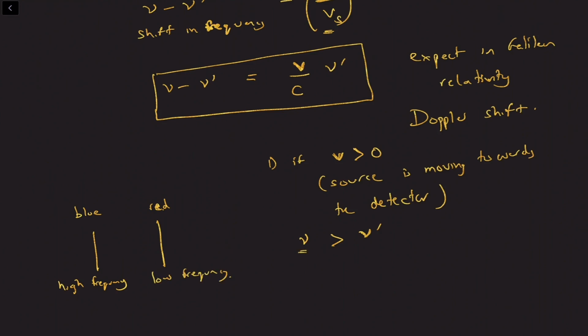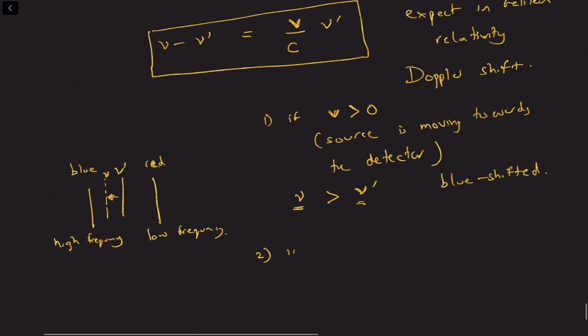So if the frequency that you detect is larger than the frequency emitted, so let's suppose you're emitting a frequency here, the frequency that you detect is actually here, if you're in frame S, so that's nu. So you would say that the light is blue shifted. And similarly, if V is less than 0, then nu would be less than nu prime, and the shift would actually be in the other direction. Okay, and you'd say that the light is red shifted.